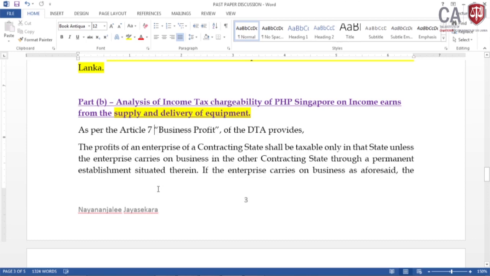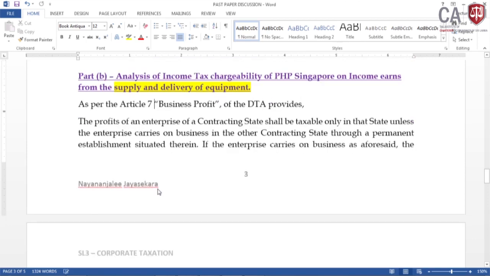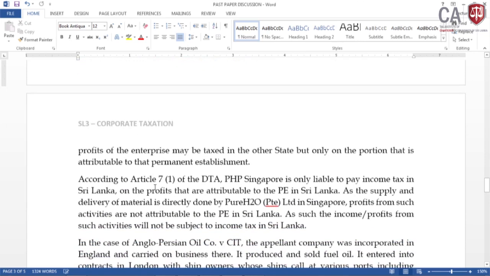If the enterprise carries on business as aforesaid, the profits of the enterprise may be taxed in that other state, but only on the portion that is attributable to the permanent establishment. When writing your answer, if it is tested like this, these are key points that should be included in your answer.